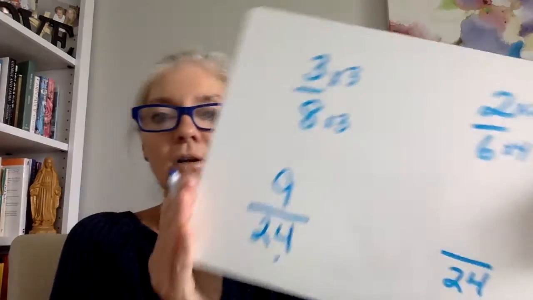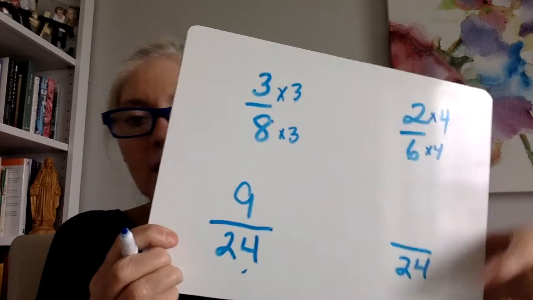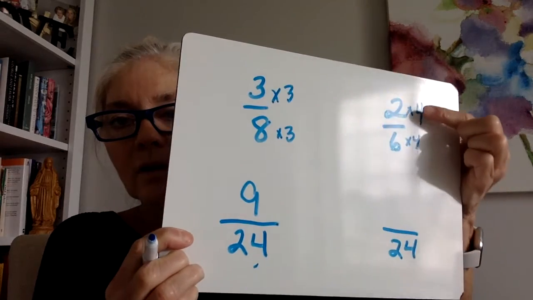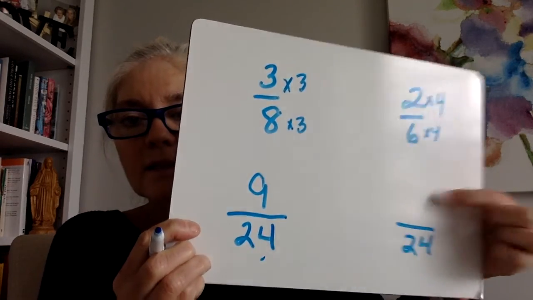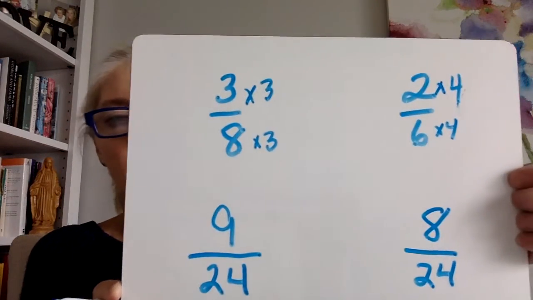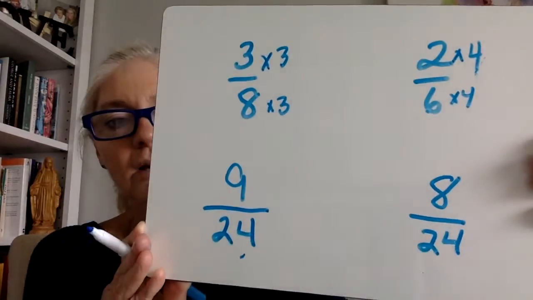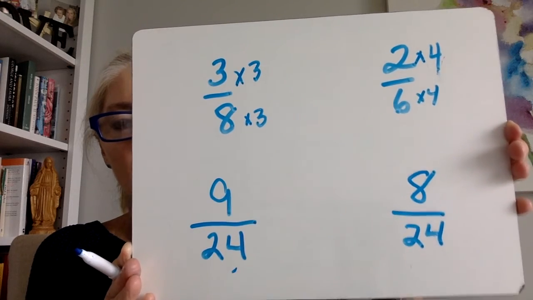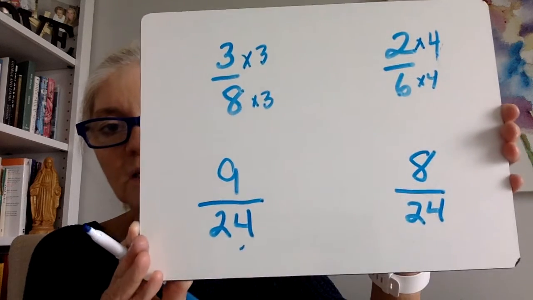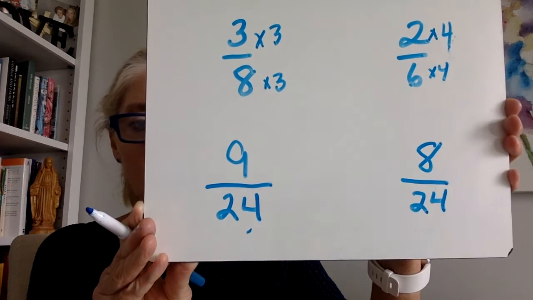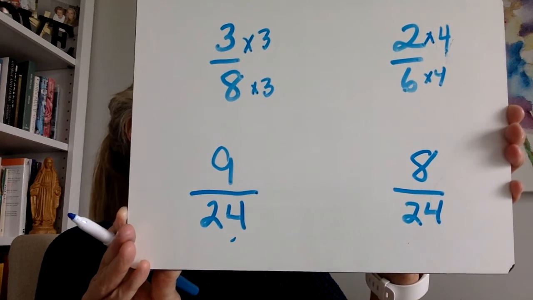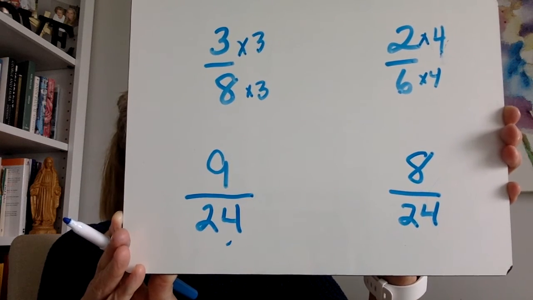You have to do the same thing to the numerator. Oops. 6 times 4 is 24. 2 times 4 is 8. Now, I had 3 eighths and 2 sixths. That was hard to compare. But once I've changed the denominators and now I have new fractions, I've got 9 24ths and 8 24ths, and those are very easy to compare.